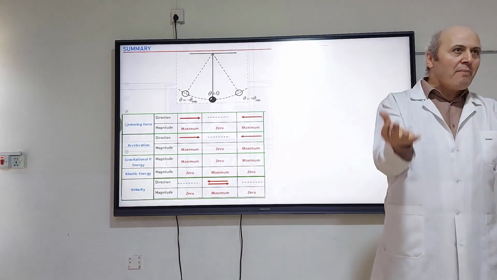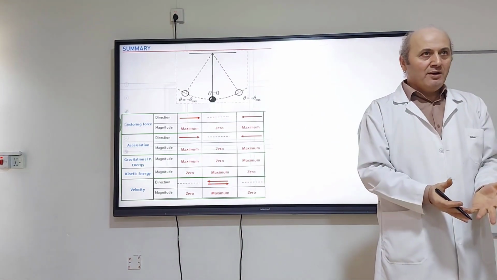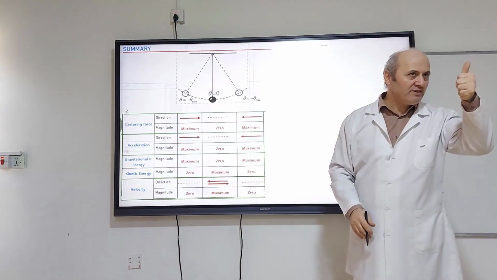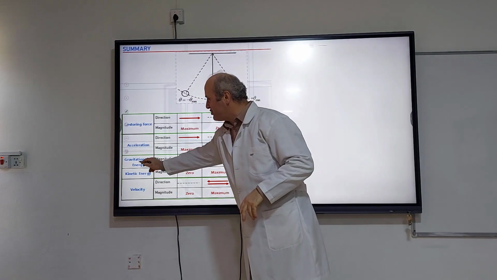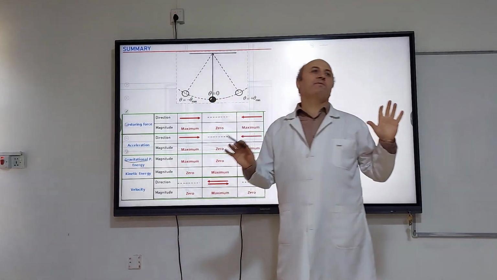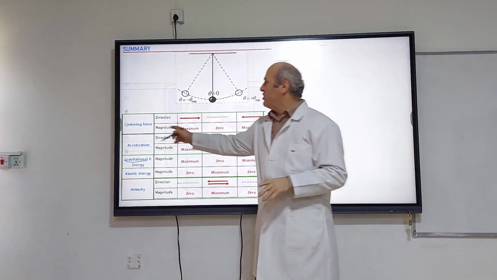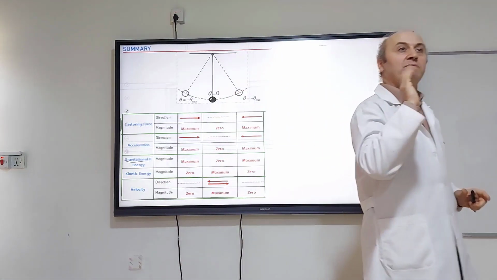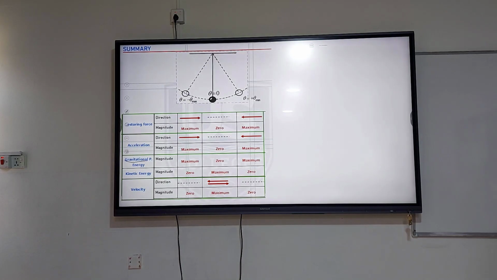If you know the mass spring system, you know everything about the simple pendulum too. The only difference is gravitational potential energy instead of elastic potential energy. All other quantities, the restoring force, acceleration, kinetic and potential energy, change in the same way.